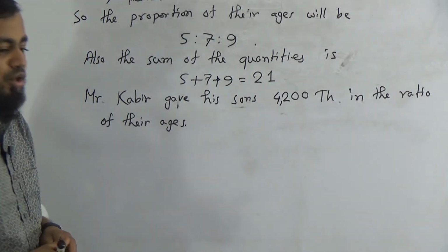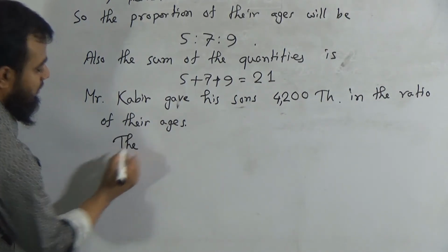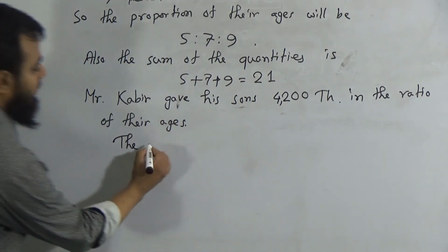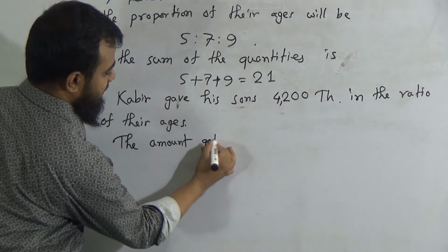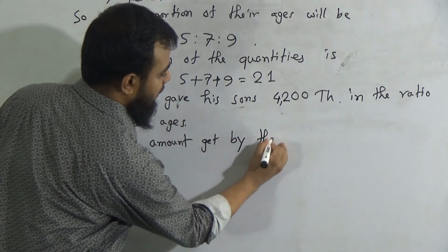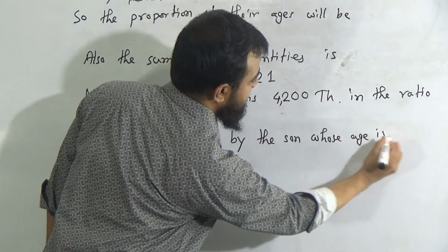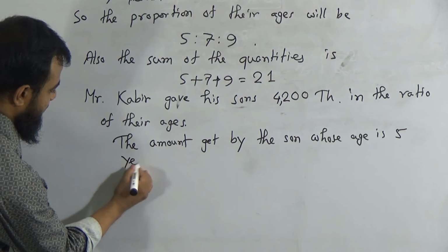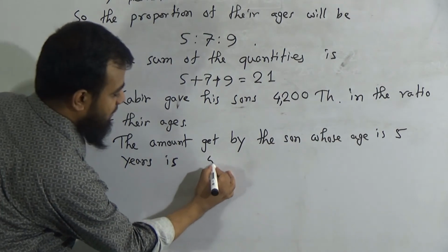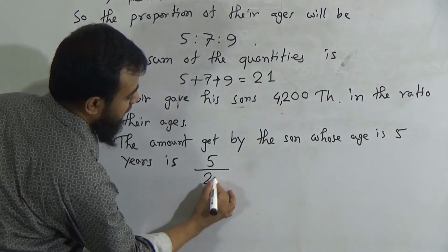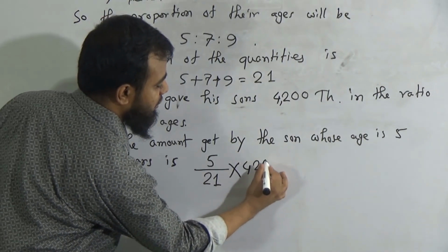So their ages ratio is 5, 7, 9, and the sum of the quantities is 21. Now we can find out how much taka each son gets. The amount got by the son whose age is 5 years is 5, his proportion, divided by 21, the total sum of the quantities, multiplied by 4,200 taka.